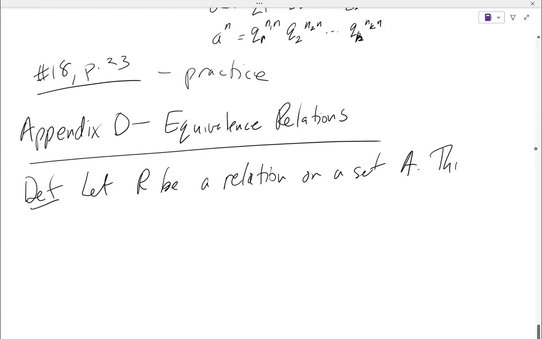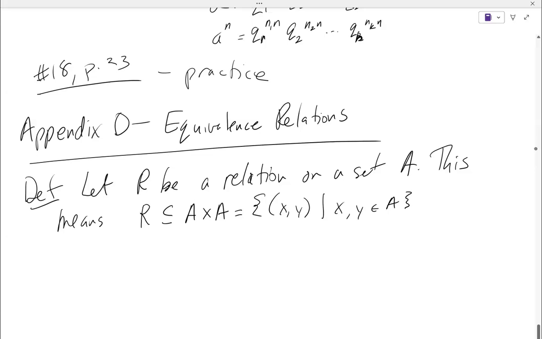This means that R is a subset of A cross A. And if I need to remind you what A cross A is, it's the set of all ordered pairs that you can make by using elements from A. Remember Cartesian product.